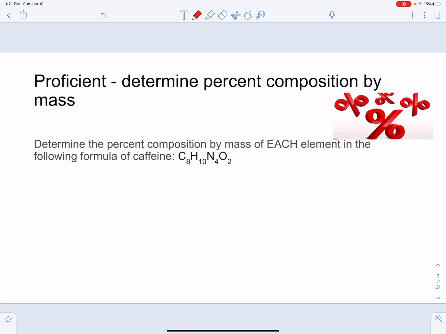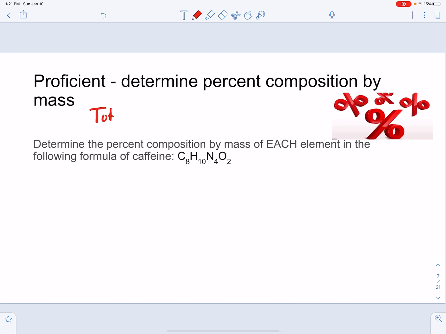Now let's do a practice problem. Determine the percent composition by mass of each element in the following formula of caffeine. This is our formula for caffeine. We have a lot to look at here. The first thing we want to do is get the total formula mass of this entire molecule. The molecule has 8 carbons, and each carbon weighs 12 grams.